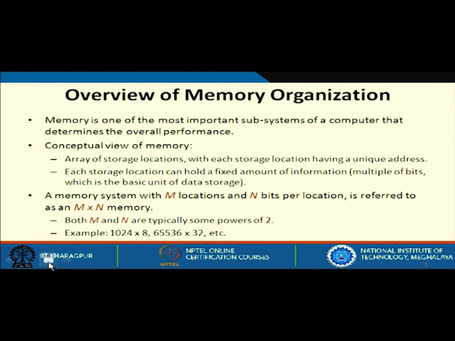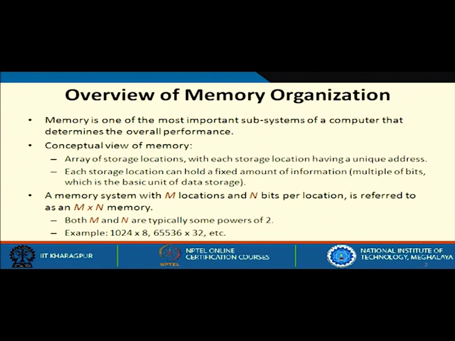And each storage location can hold a fixed amount of information. It can be multiple bits, which is the basic unit of data storage. A memory system with m locations and n bits per location is referred to as an m cross n memory. Both m and n are typically powers of 2. Some examples: 1024 cross 8.